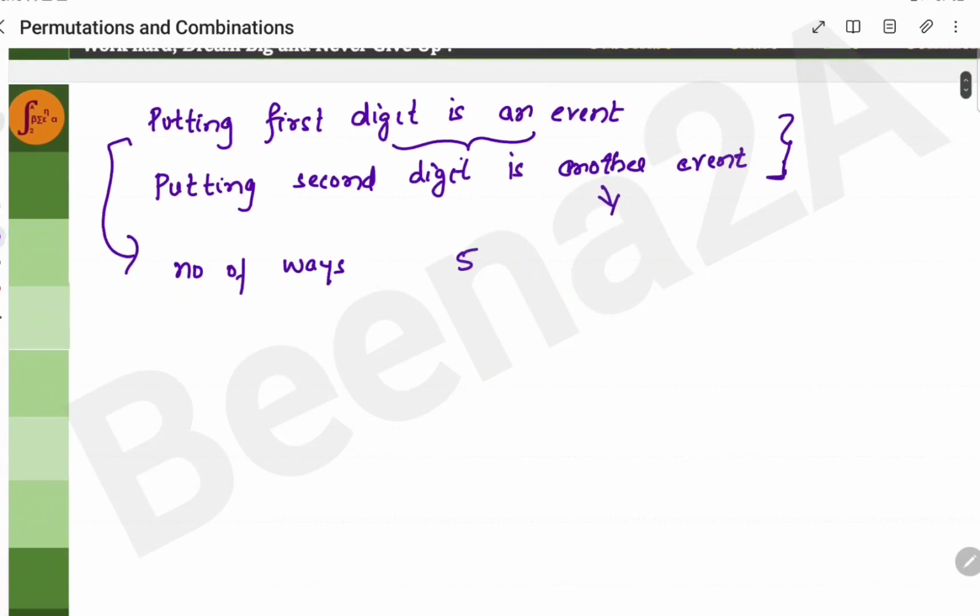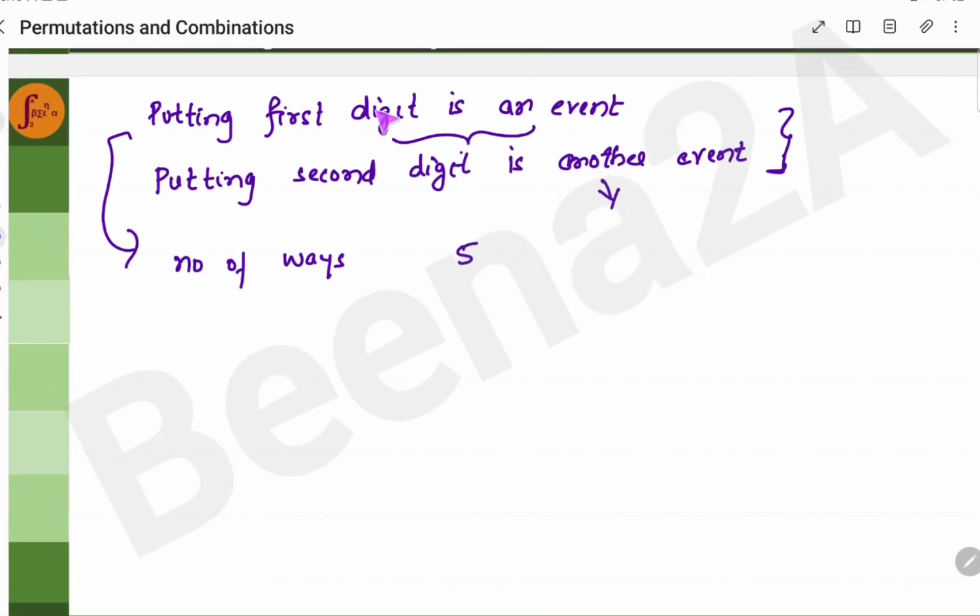So now I'll find the number of ways in which the first event can occur and the number of ways in which the second event can occur, and then I multiply. Suppose, I'll generalize it, I can put the first digit in m ways and I can put the second digit in n ways.